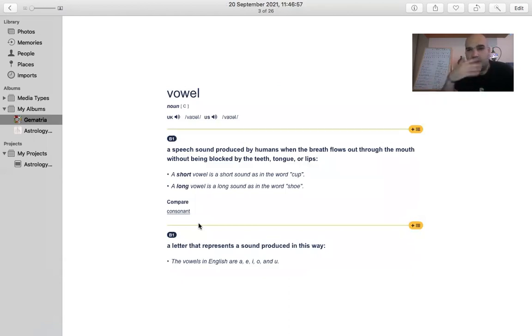What we're going to go into now is understanding what vowels and consonants are. I'm going to talk about this in relation to the English alphabet.